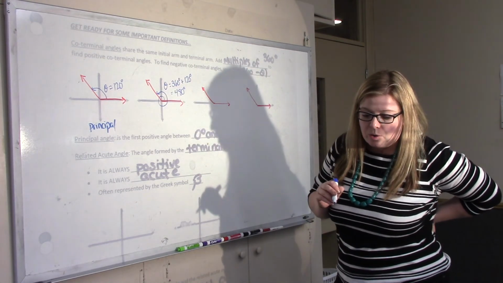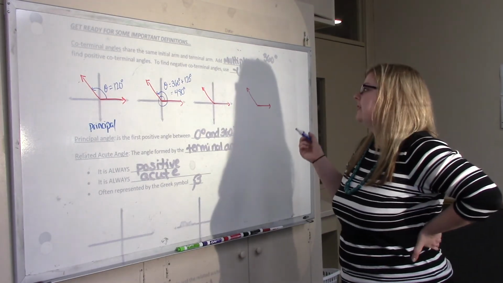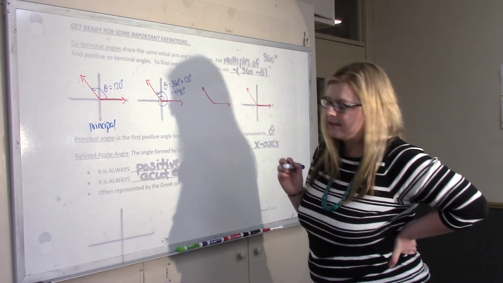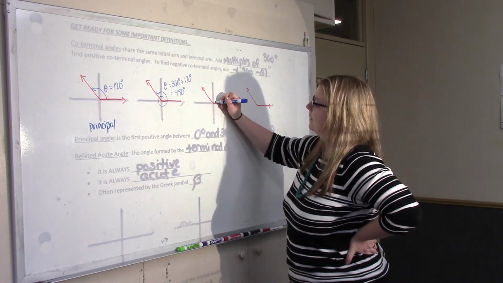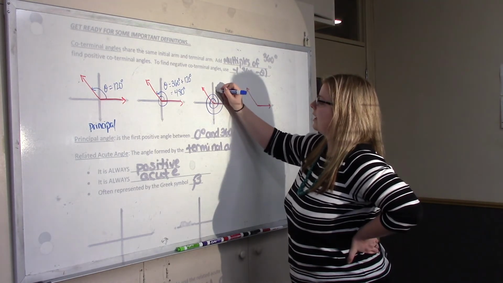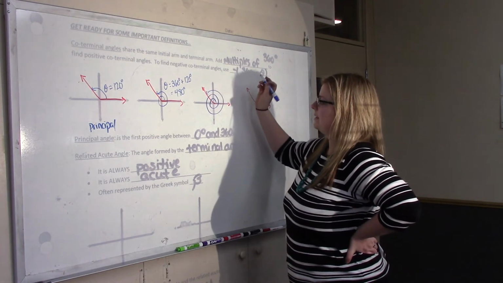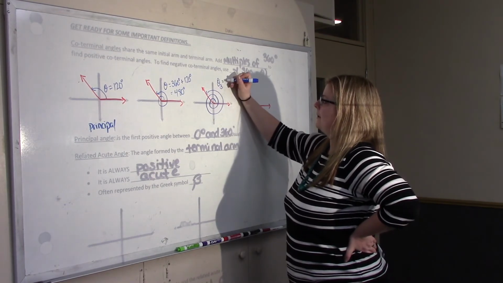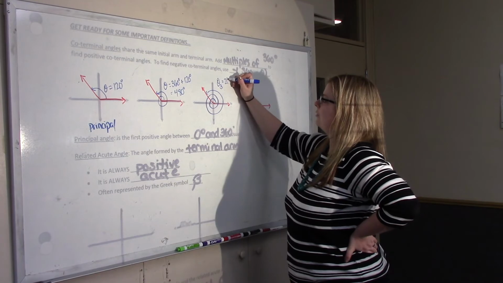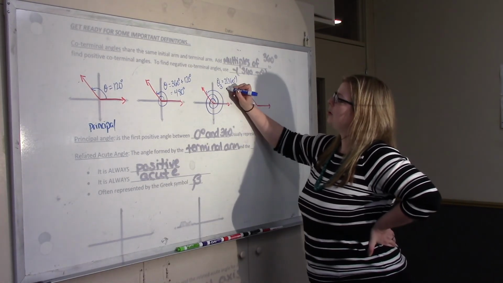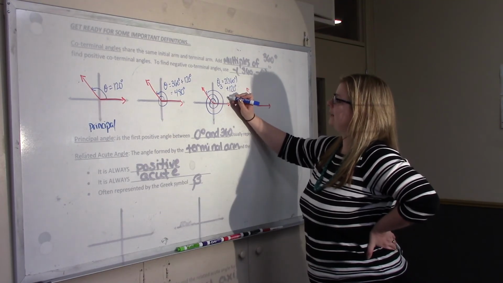Okay, now you can go around more than once. You can go around 3 times, 4 times, 5 times if you want. So in this case, I'm going to start here, go around once, go around twice. So in this case, theta 3, I had two full revolutions, so that's how I get the 2 times 360, plus the 120.